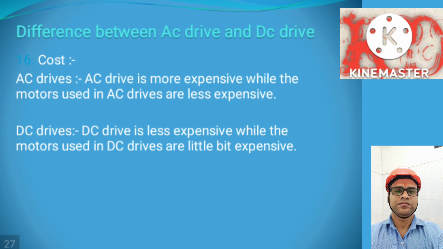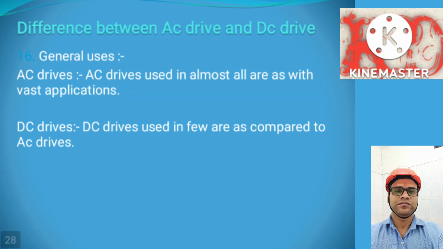AC drives are more expensive, while the motor used in AC drives is less expensive, that is a squirrel cage motor, whereas DC drives are less expensive, while the motors used in DC drives are a little bit expensive. Twenty-eighth, general usage. AC drives are used in almost all areas with vast applications. DC drives are used in few areas as compared to AC drives.